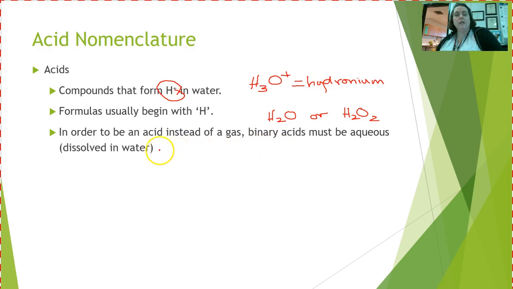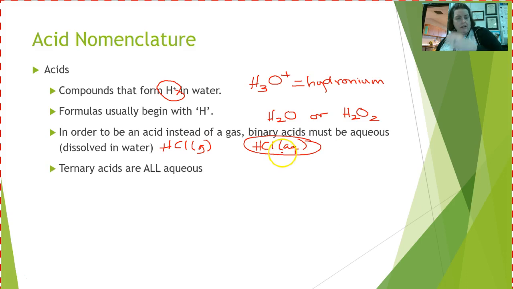So we have HCl gas. That's not considered an acid. That's considered hydrogen chloride gas. But the moment it becomes HCl aqueous, we've bubbled that gas through a liquid and made this aqueous solution. This is the acid. Okay?